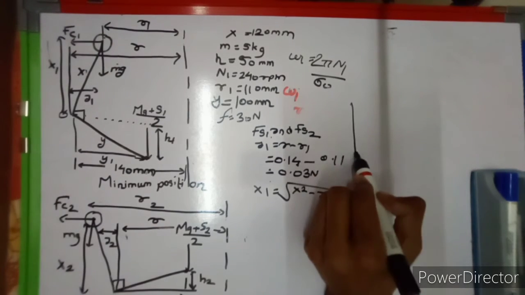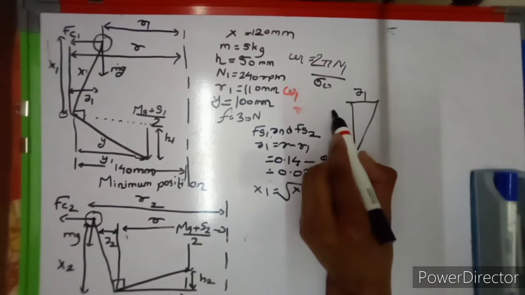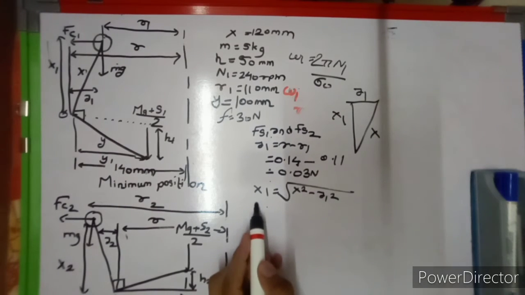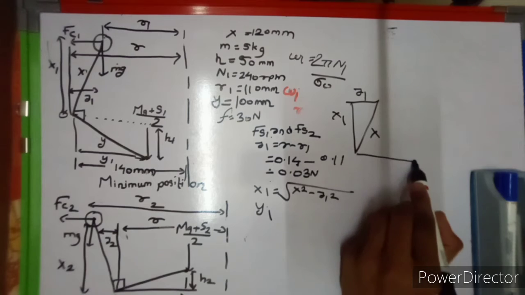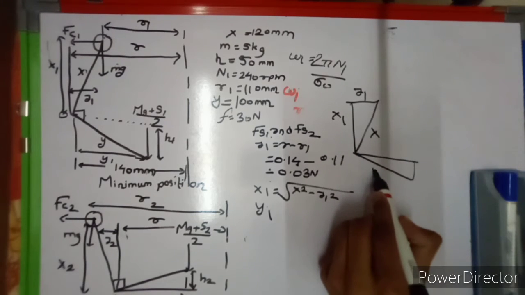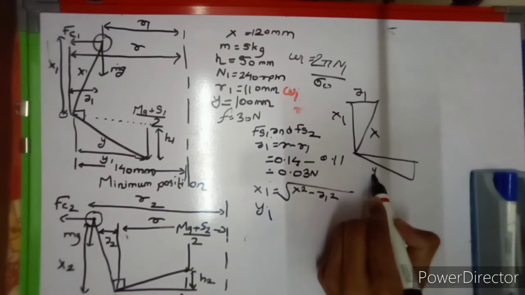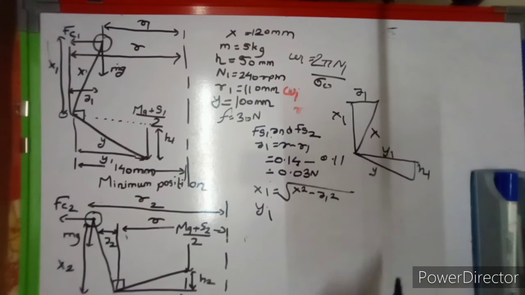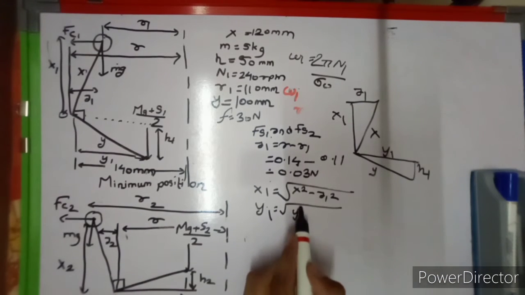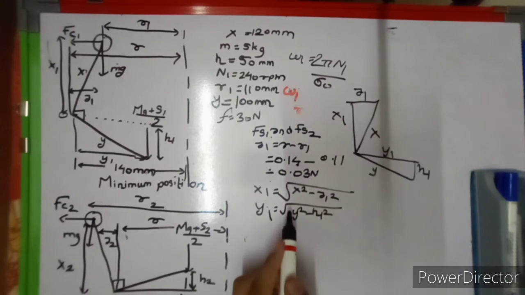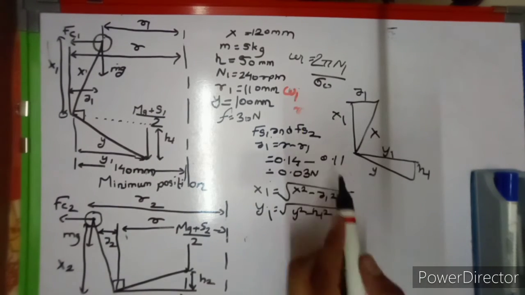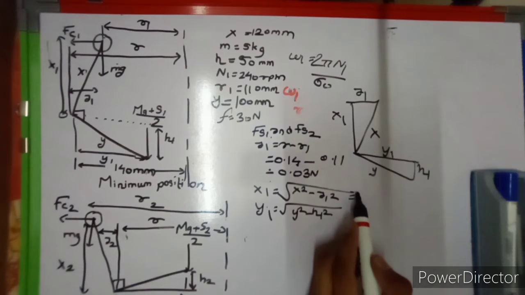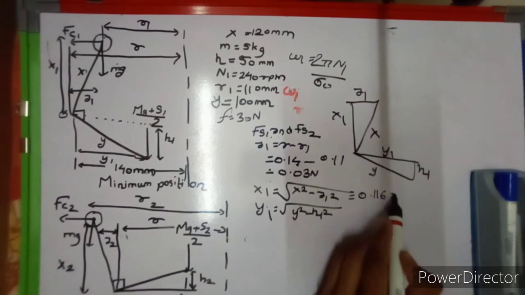In this triangle, a1, x1, x, okay, and similarly y1, that is this triangle, is y1 and h1. So by Pythagoras theorem, just substitute the values, you will get x. What is the value of x? Root of 0.12 square minus 0.03 square, you will get 0.1162.